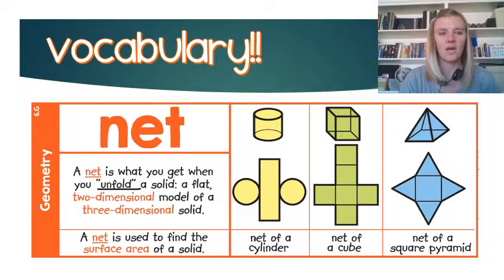Now when we're talking about surface area, if we're looking at this model of our cube here in the middle, all you would need to do is find the area of each face of the shape and then add them together, and that's your total surface area.